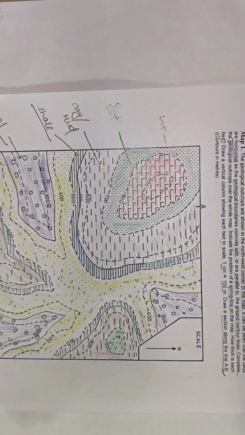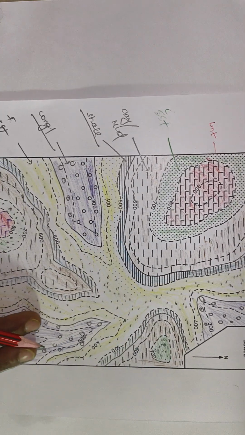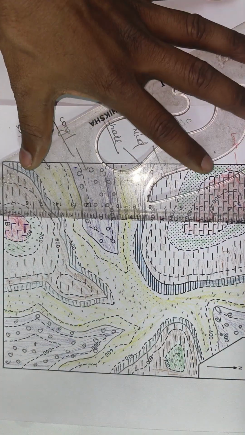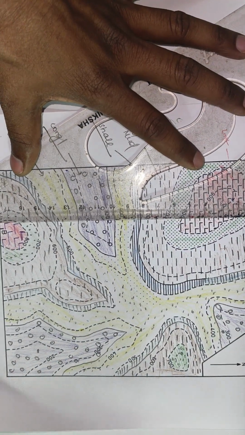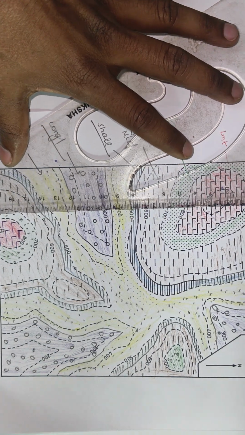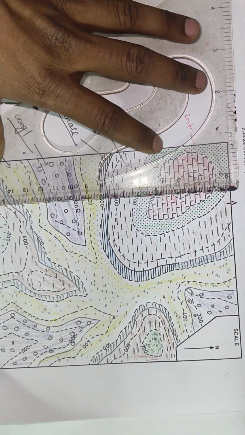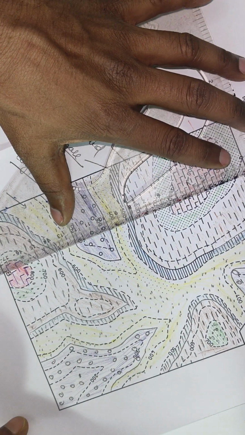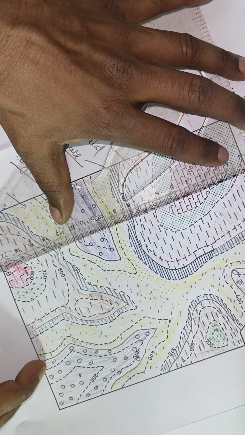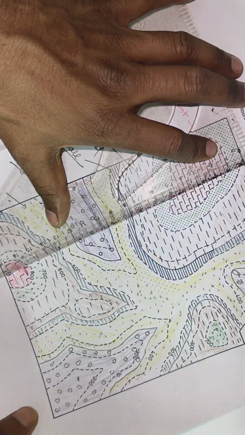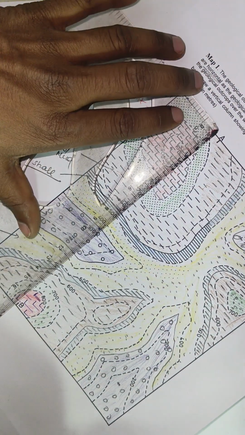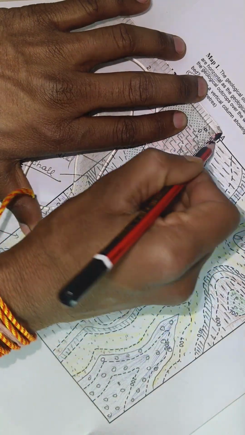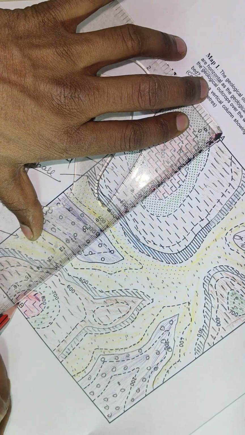For that we will draw a line along this section AB, this A and B. We will draw a line along this, which will be helpful for the section drawn.